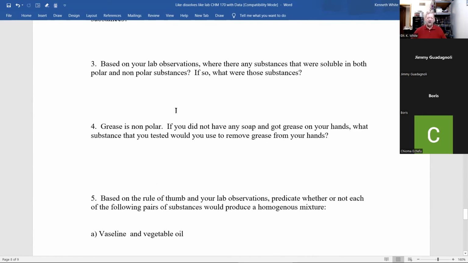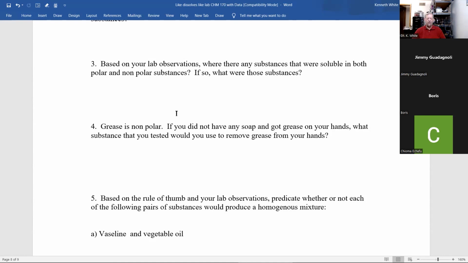Now, listen carefully. Most students get question 4 wrong. I'm going to give you some help so you don't get it wrong. Grease is nonpolar. If you do not have any soap and you got grease on your hands, what substance that you tested in tables 1 and 2, I don't have that there, but those are 2 you tested, would you use to remove the grease from your hands?